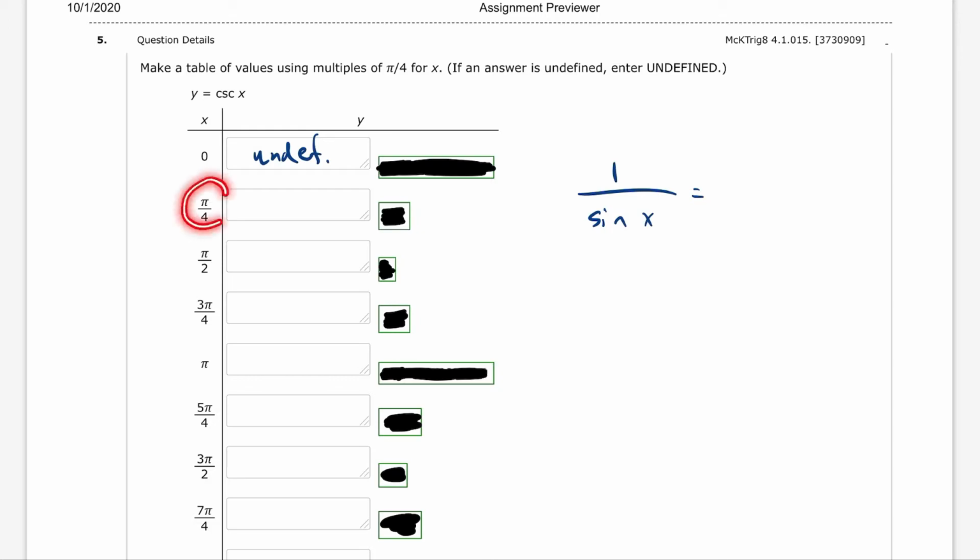The next one would be pi over 4. Well, that would be 1 over radical 2 over 2, which is 2 over radical 2, which you shouldn't have to rationalize, but you could actually. If you did rationalize it, it would be radical 2, as you will see.